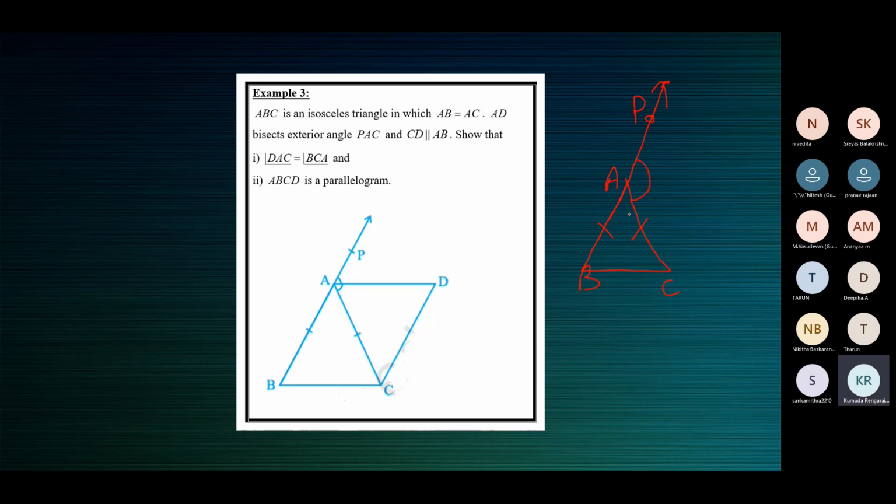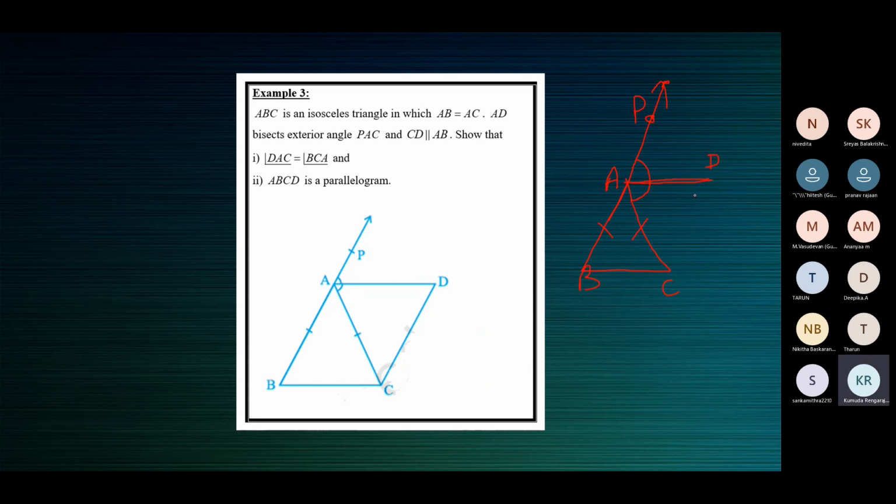AD bisects it. If this angle is say 120 degrees, it becomes 60 and 60 because of AD going through it. So somewhere here is D.